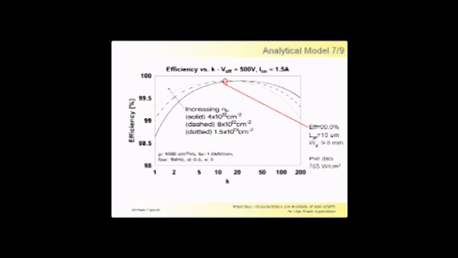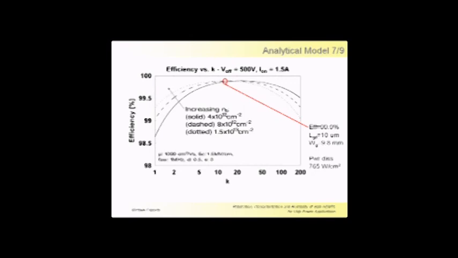So here we have the first simulated scenario: off-state voltage of 500 volts, on-state current of 1.5 amps, and three different 2DEG densities. These are the other parameters used in our simulation.